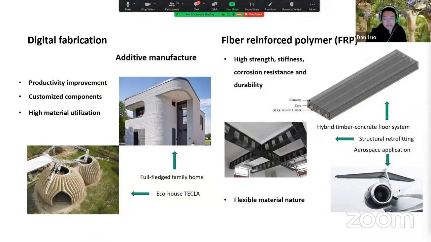The reason that we're working on FRP is that compared with traditional construction materials, FRP has a few significant benefits. For example, it has high strength, high stiffness, corrosion resistance, and high durability. It's quite commonly applied in aerospace and structural reinforcement, and it is at a mass-manufacturing price point that is feasible to be applied in the construction industry on a large scale.